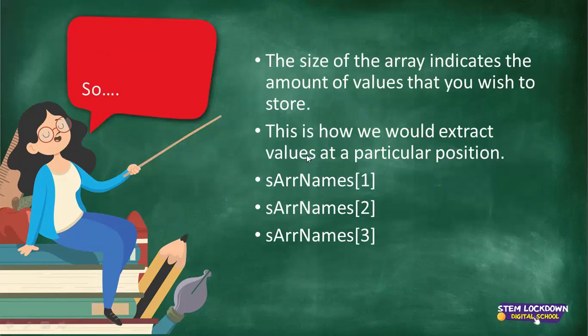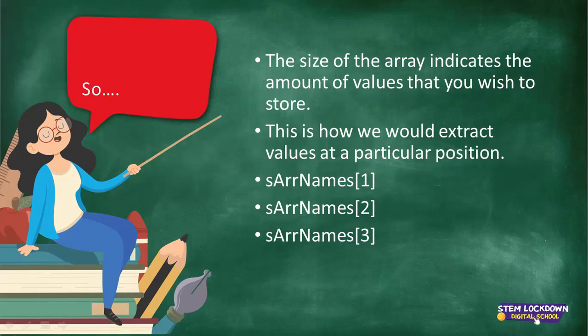Okay, this is how we extract values at a particular position. Array names. And notice, because it's an array, guys, we use square brackets, not round brackets, not curly brackets, square brackets. Remember that an array is used with square brackets, and we indicate the number. That's array names at position 1.